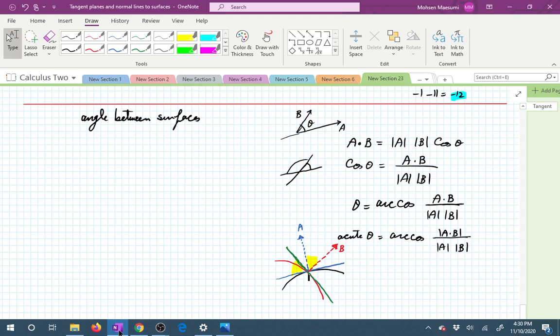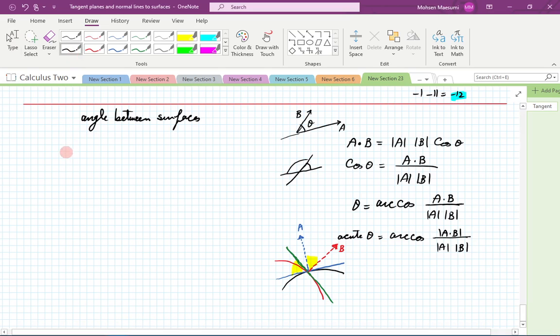Suppose I have two surfaces. So find the angle between x squared plus, say, 2y squared plus, say, 3z squared is equal to 3, and another surface.